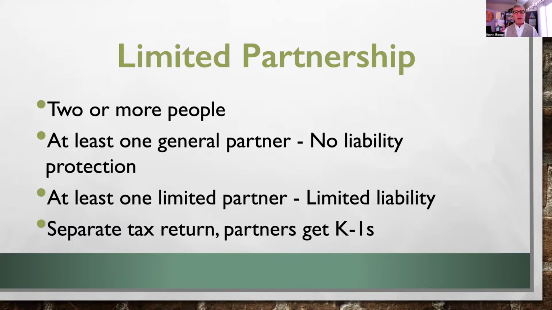My friend will be the limited partner, and let's say he gives me $50,000 to get the business up and running so that it's really generating income. First of all, his liability is limited to the $50,000 he invested.